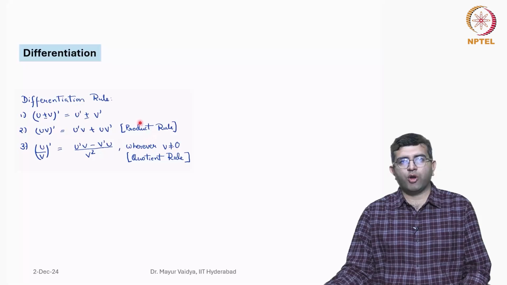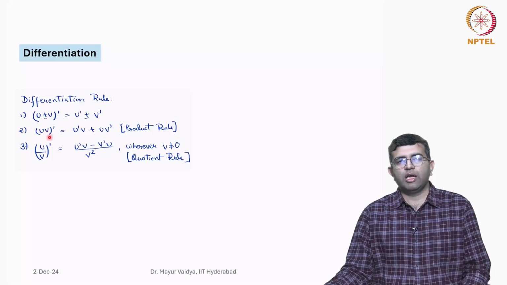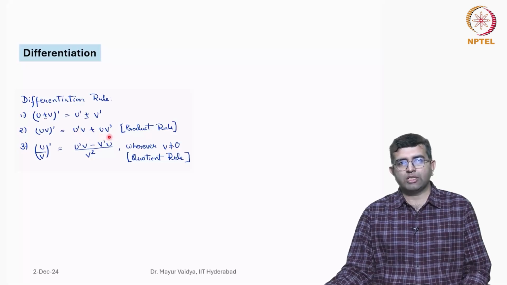Similarly, the product rule: if a function is a product of two functions, u into v, how do we take its differentiation? It is equal to u dash v plus u v dash. That means you differentiate the first function keeping the second same, plus you differentiate the second function keeping the first same.